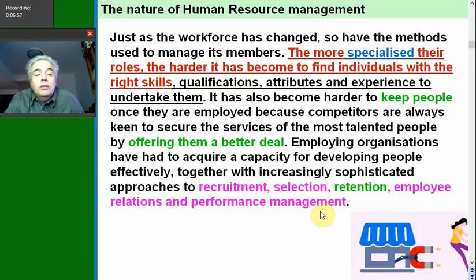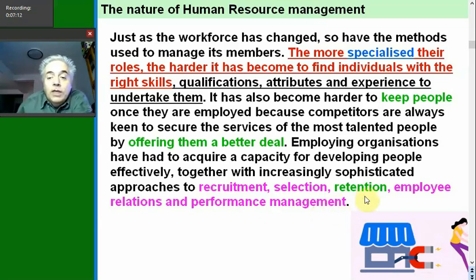They may have a skill, but they are not used to the culture of your company. So you develop them, adapt them to the company. You even pay for some courses for them to get updated in their area. And now you have the problem of retention, because now the employee is a good employee. He's adapted to your company. He is updated in his area. He's doing a good job.